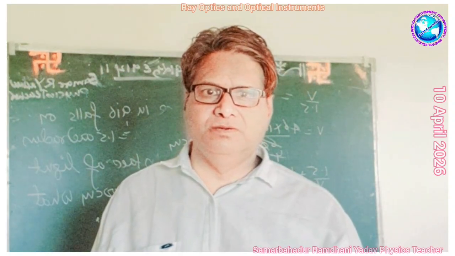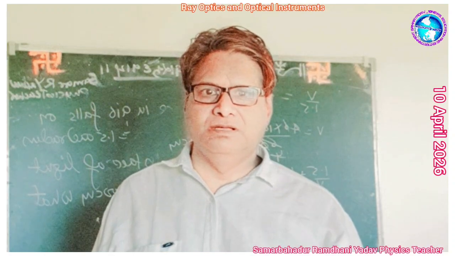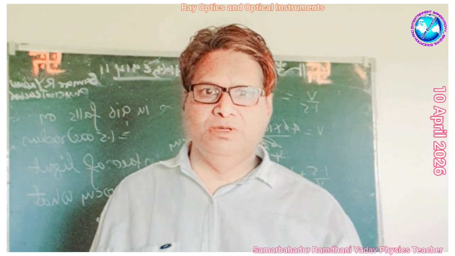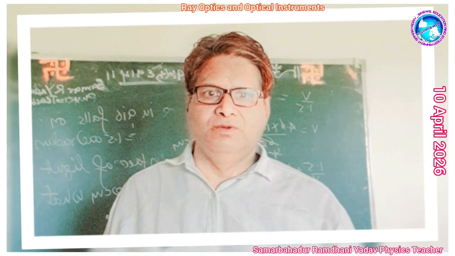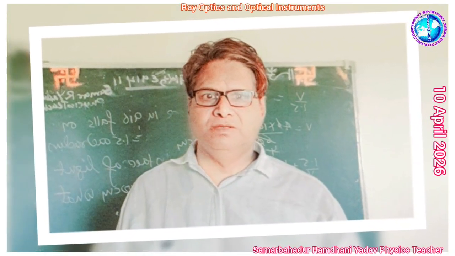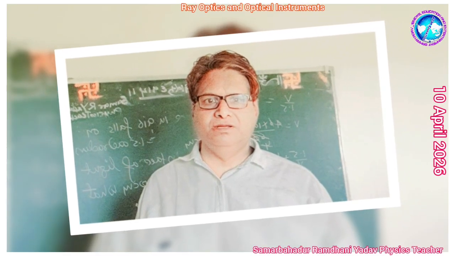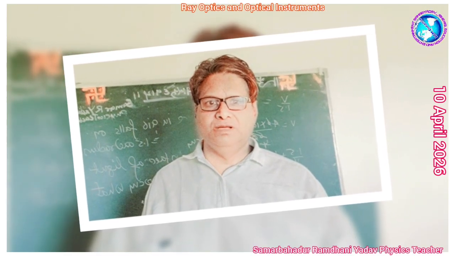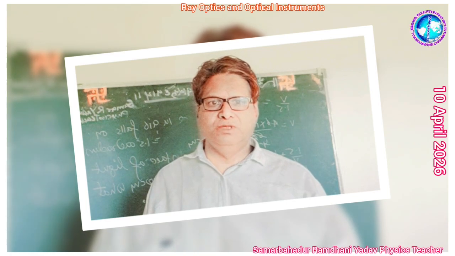In this numerical, the formula for the refracting spherical surface is n2 upon v minus n1 upon u is equal to n2 minus n1 upon r. You take the sign convention that the direction of the ray is taken as positive and against it as negative. So here u is equal to minus 100 centimeter, r is equal to 20, n1 is equal to 1 and n2 is equal to 1.5.